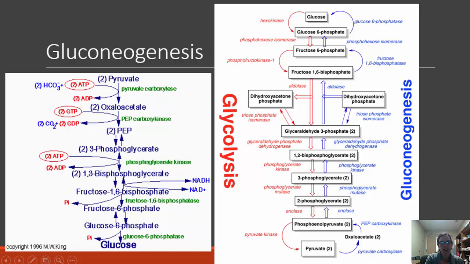So this is an energetically expensive process. In order to get from 2 moles of pyruvate, because remember it takes 2 moles of pyruvate to go back to glucose, this is going to cost us actually 6 ATPs. So it's very costly energetically, considering that in glycolysis, to get from glucose to pyruvate, we only used 2 ATPs.